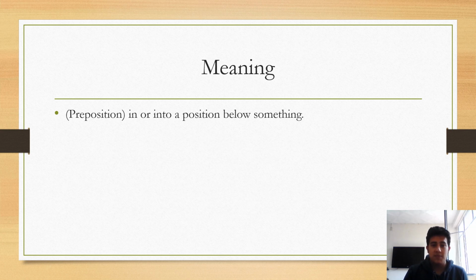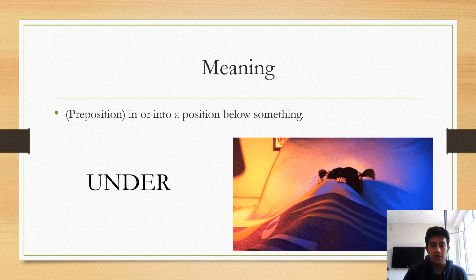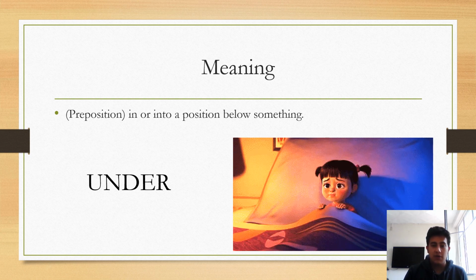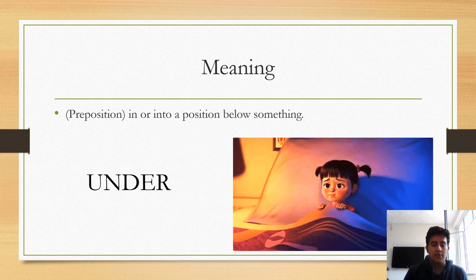Okay, so this preposition is that something is in or into a position below something. The word is under. It is pronounced under. Here in this image you can see how this little girl is hiding under her covers.